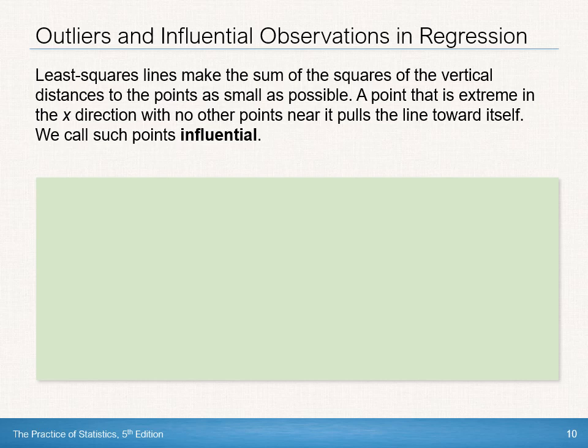So when a point is far from the rest of the points in the x direction, so it has an explanatory variable that's far above or far below our data, it tends to pull the line towards it, okay? And that would be considered an influential point.